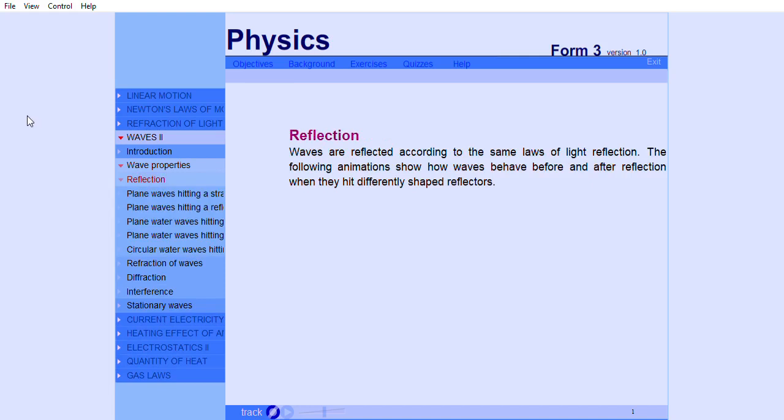Reflection. Waves are reflected according to the same laws of light reflection. The following animations show how waves behave before and after reflection when they hit differently shaped reflectors.